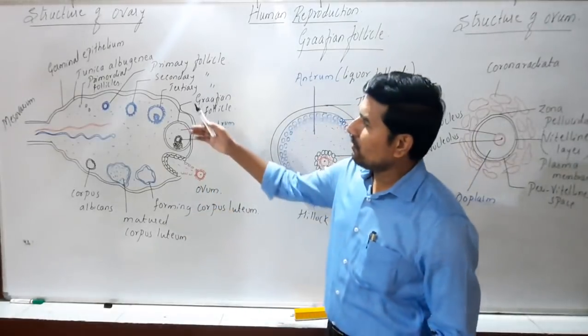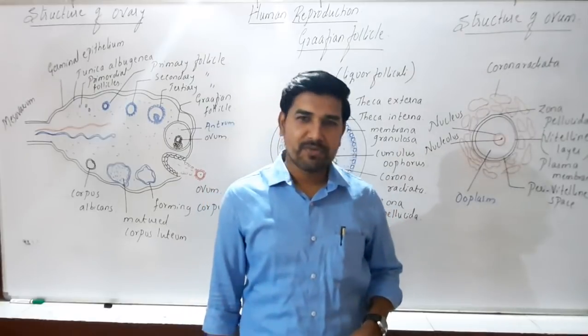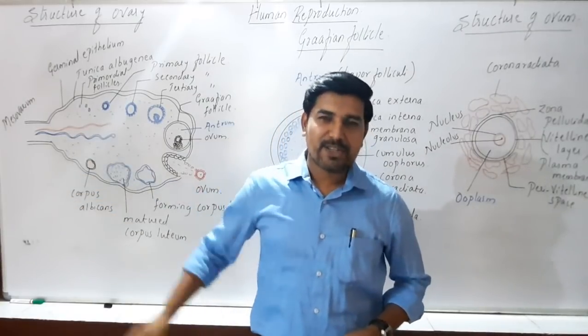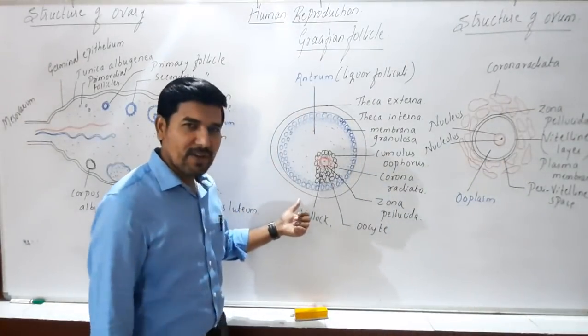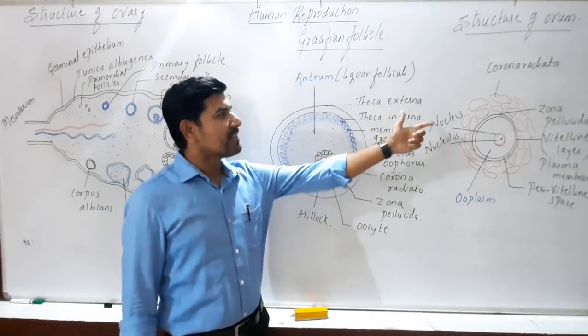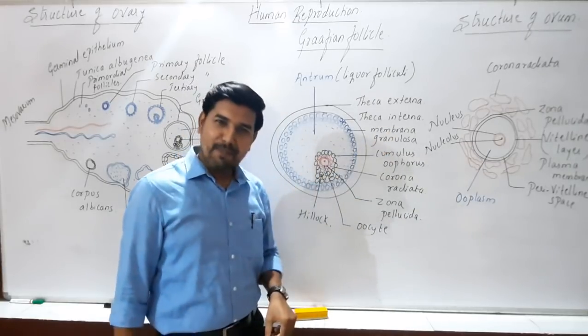Okay. Now in this class we came to the diagrammatic representations of three things. First is the structure of the human ovary. The second is the structure of the Graafian follicle. The third is the structure of the human ovum and its labelings.